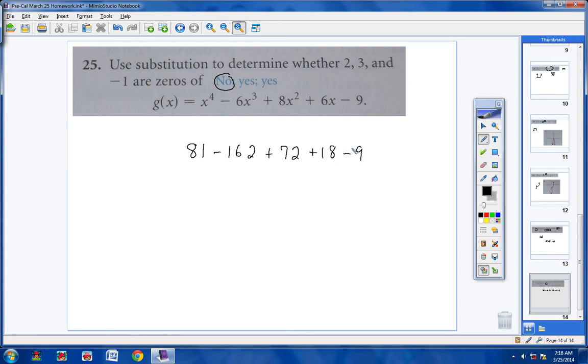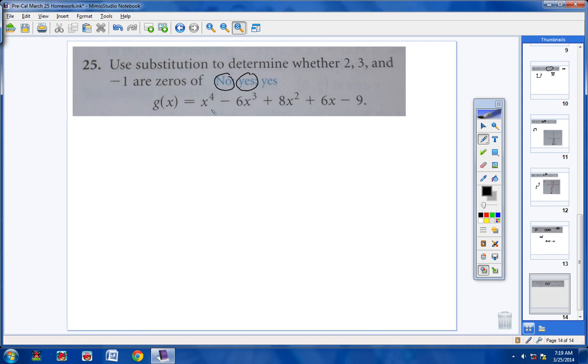Okay, if you add up all of your positives, that's 81 plus 72 plus 18. You're going to get 171. And if you add up your two negatives, you'll get -171, which is 0. So f of 3 equals 0. So is 3 one of your zeros? Yes, it is. You substituted 3 in and you got out a 0.